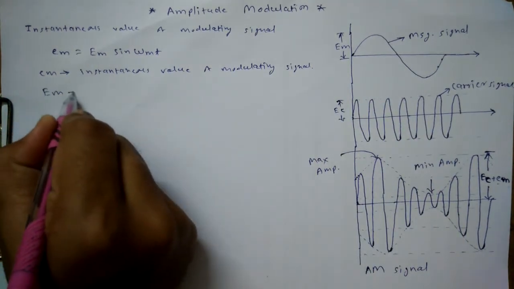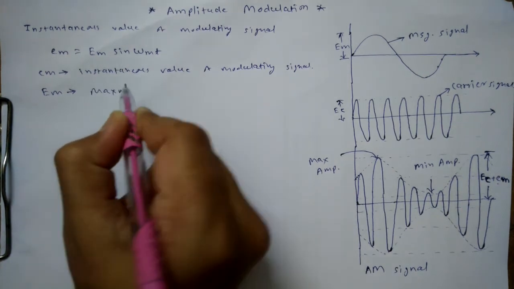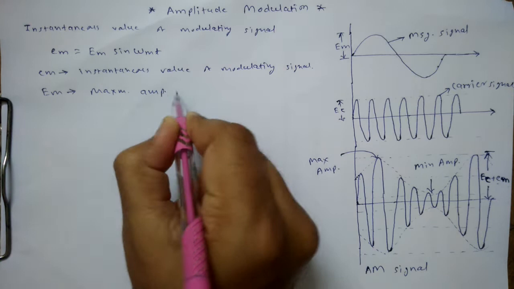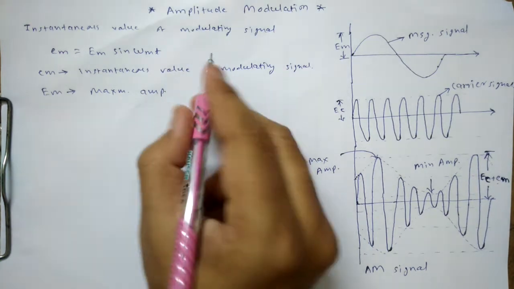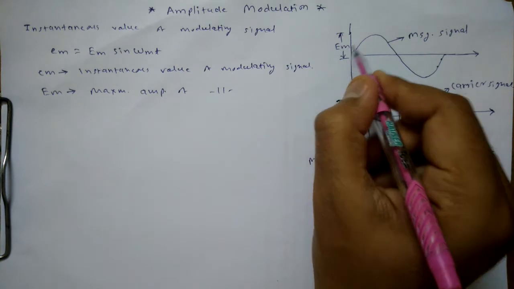This capital EM stands for the maximum amplitude of, again, the modulating signal.